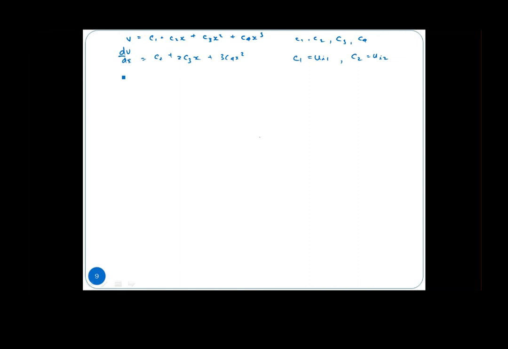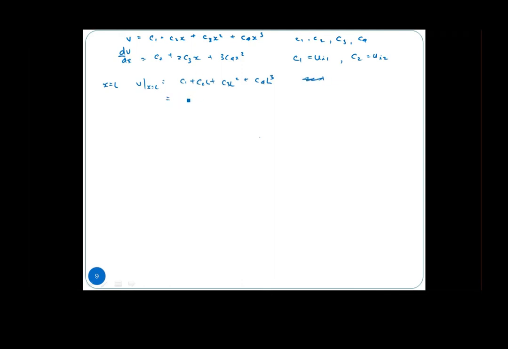So just now we have come out with two equations. Another two equations come from x equal to L. My v at x equal to L is actually equal to c1 plus c2L plus c3L squared plus c4L cubed, right? So that gives us our first equation.